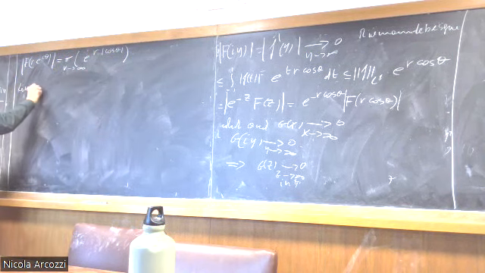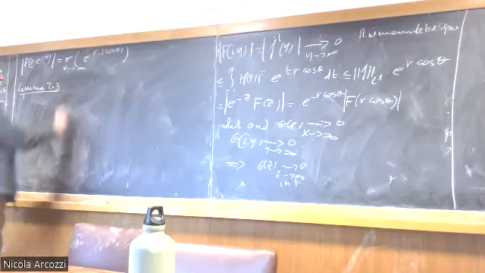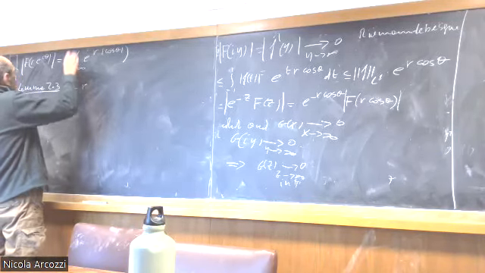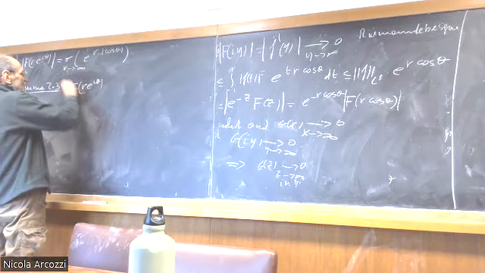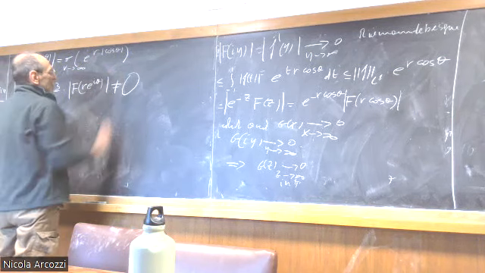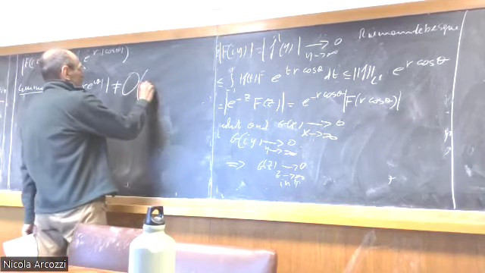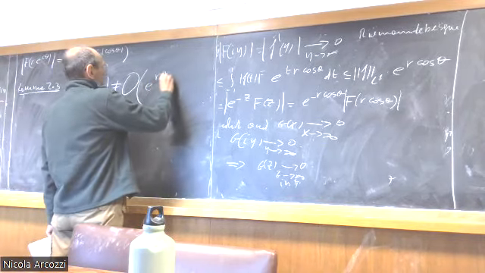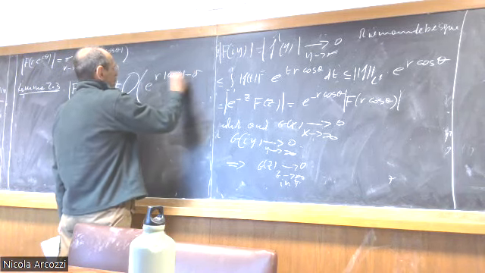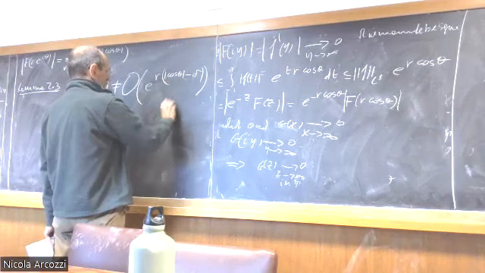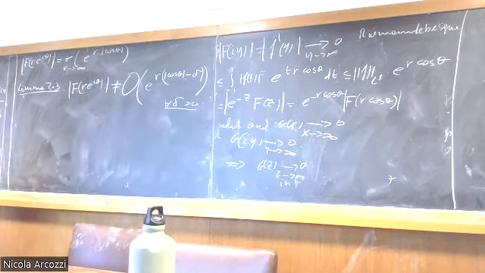So the next lemma says that what you need is not of an exponential type, because it says that this is not controlled by e to the r cosine of theta minus delta, no matter how small delta is.